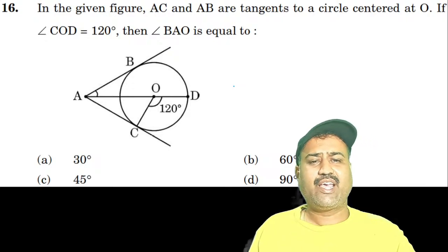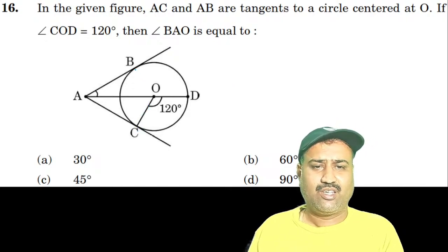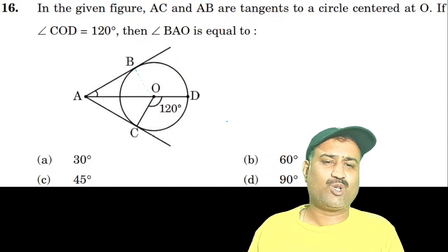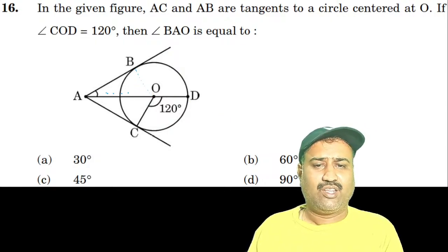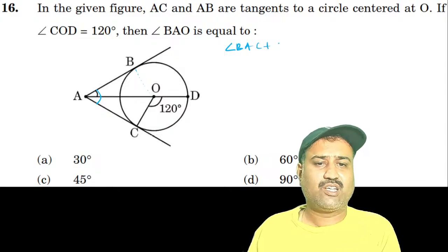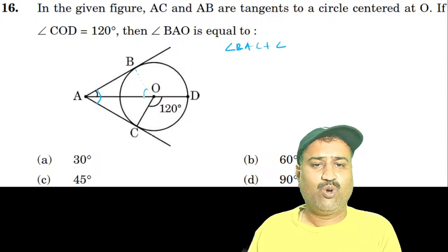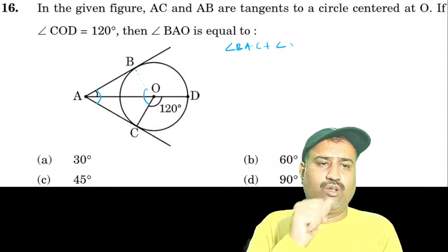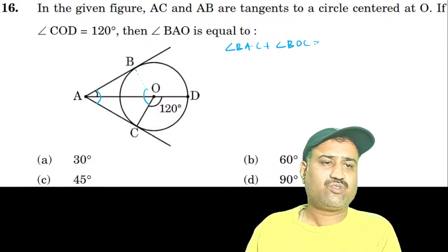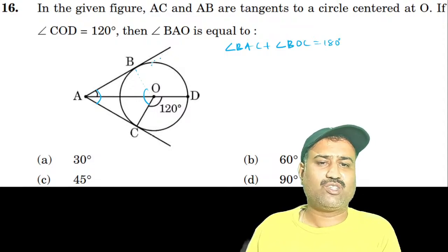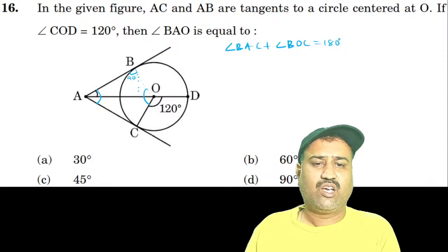In the figure, AC and AB are tangents. This is from circle theorem number 2, right? Now you know this angle, that is BAC. Angle BAC plus angle BOC are supplementary, equal to 180, because this is 90 and this is 90.